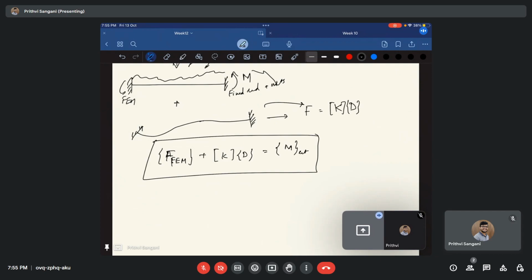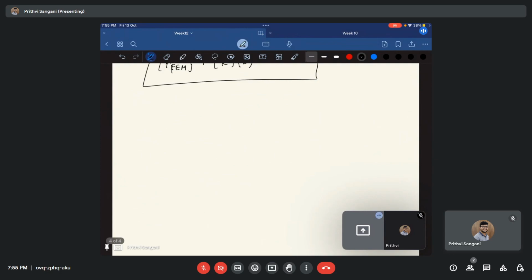So we'll take up one simple question on the fixed beam. We already know the solution for this, but for the sake of solving using the stiffness matrix method, I'll try to solve this question again.